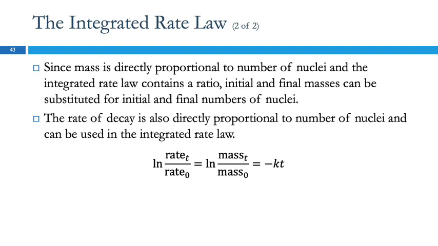The rate is directly proportional to the number of nuclei. It's also directly proportional to the mass. So that can be used in the integrated rate law. This is what I did in the previous problem: I used the mass at t divided by the mass at 0.